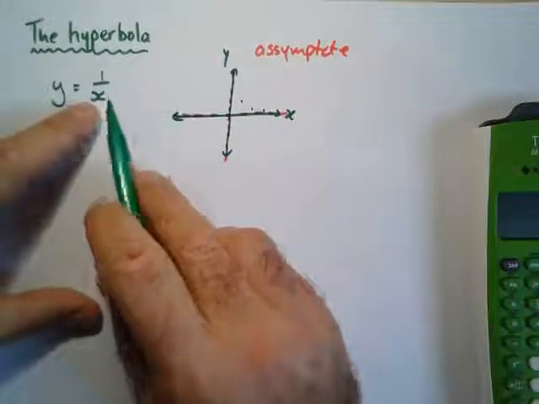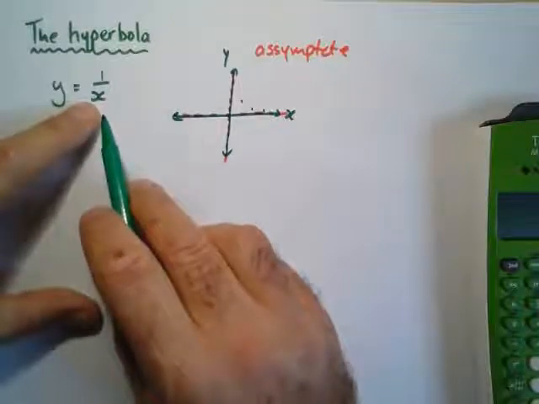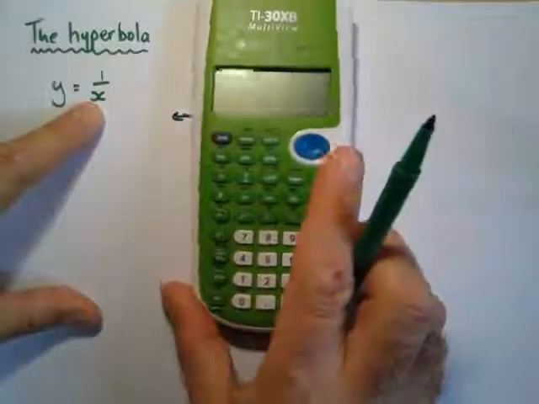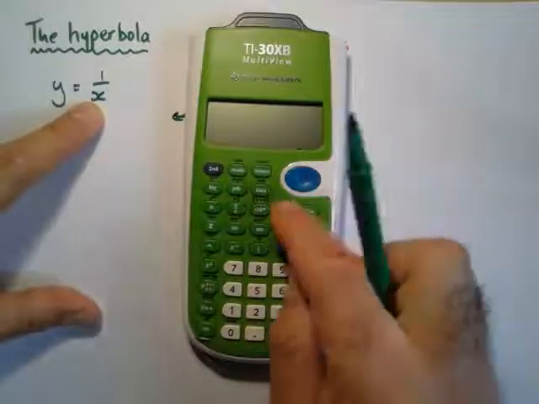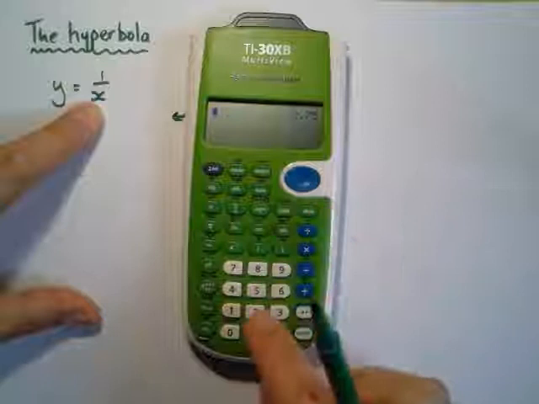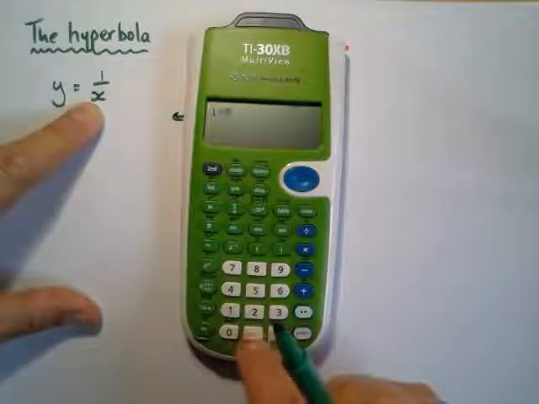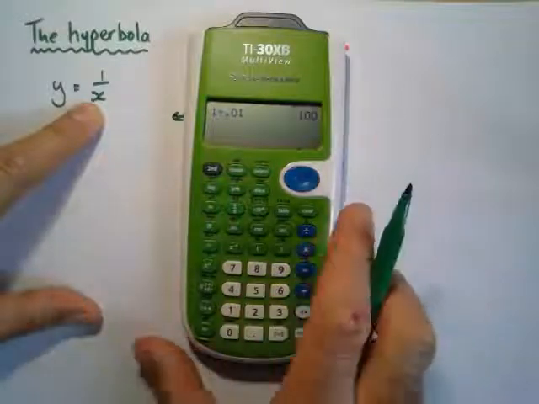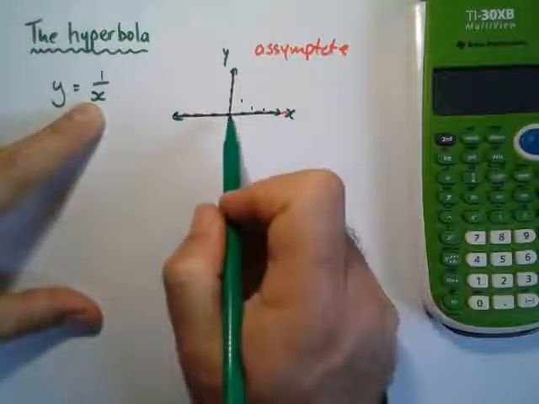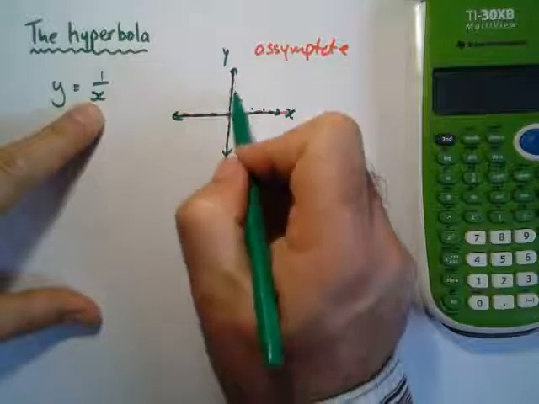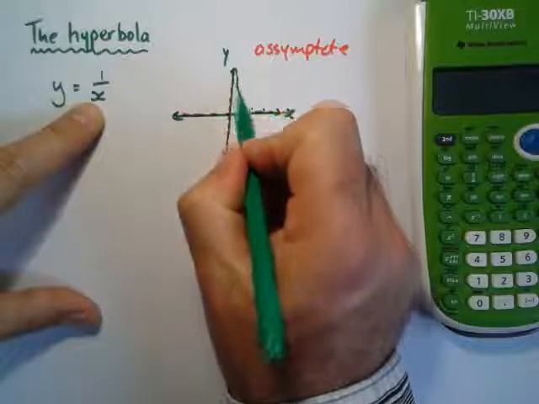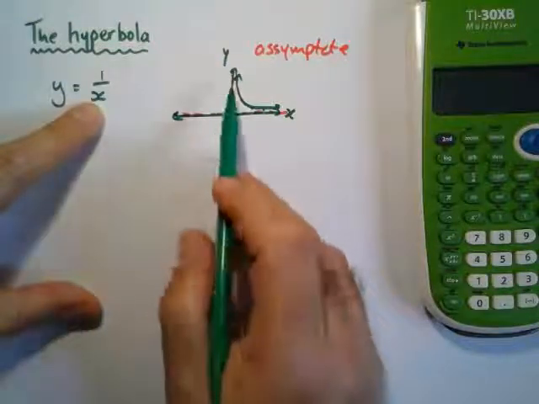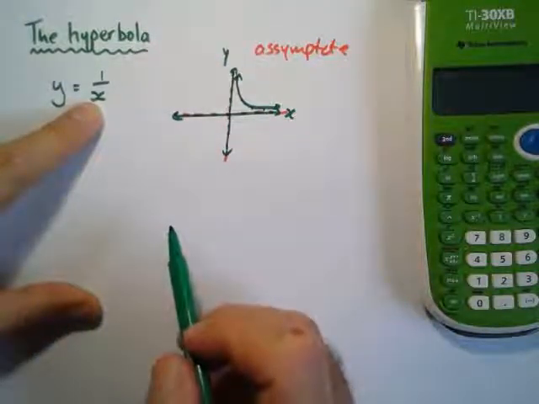When x is 0.01, this becomes bigger. Just to show you what I mean, if I say 1 divided by 0.01, it becomes 100. So as x is getting smaller, y is getting bigger. So my graph looks like this, where it cannot touch the y or the x-axis.